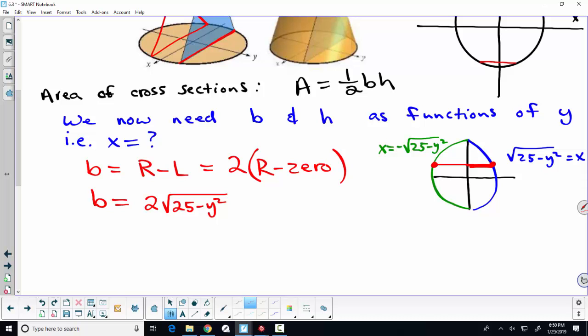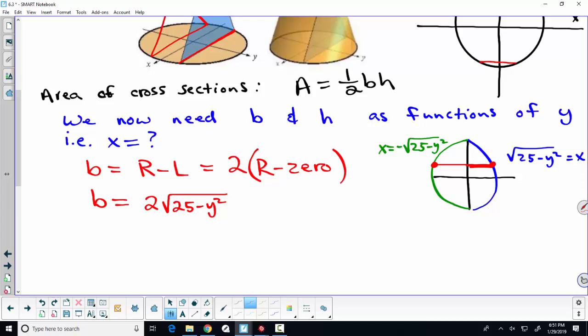But if we're still thinking in lines of how we measured those things in 6.2, hopefully none of this stuff is too difficult. It can get pretty cumbersome as far as what you're dealing with, but the ideas that we're talking about are still the same.